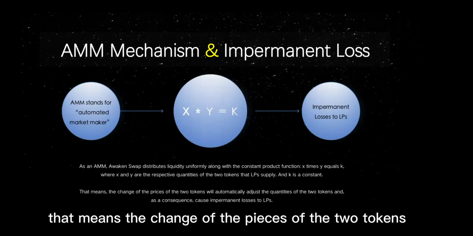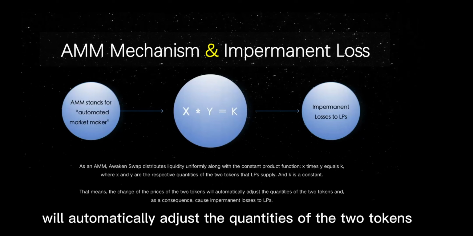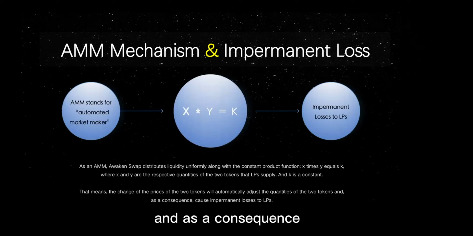That means the change of the prices of the two tokens will automatically adjust the quantities of the two tokens, and as a consequence, cause impermanent losses to LPs.